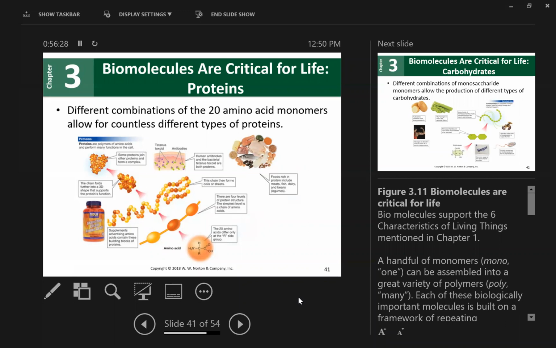If we start here with proteins, there are different combinations of 20 amino acid monomers, and they all allow for making different types of protein. An amino acid is one of those beads, one of those monomers, and they can be strung together in different ways to make different kinds of proteins that have different functions and jobs.